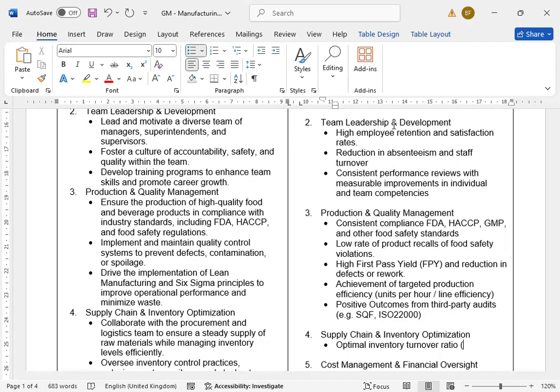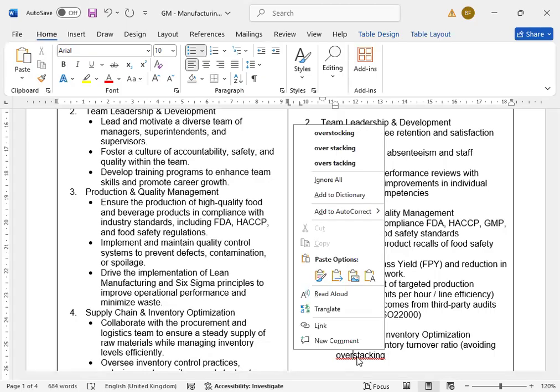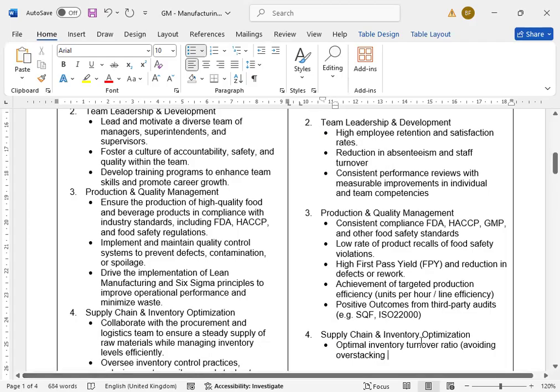So what I say is avoiding overstocking of raw materials or even finished products. Overstocking: you produced more than what is needed by the customer.